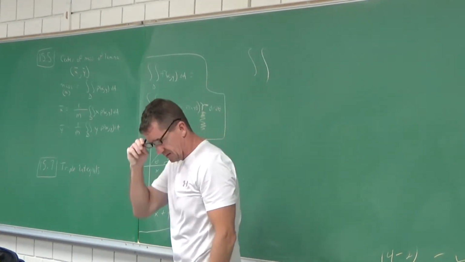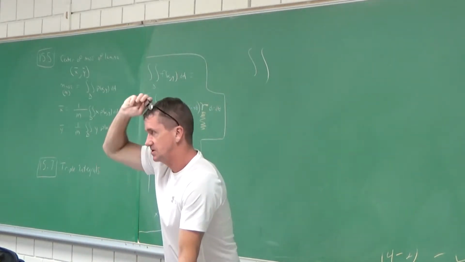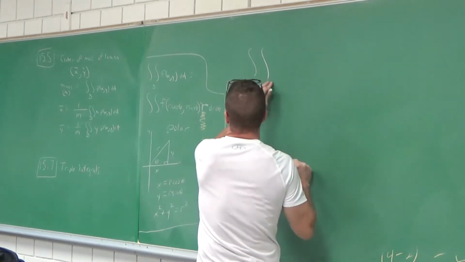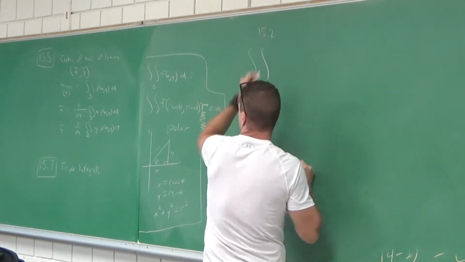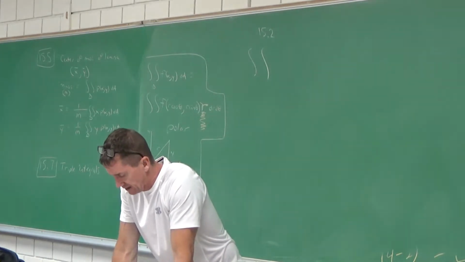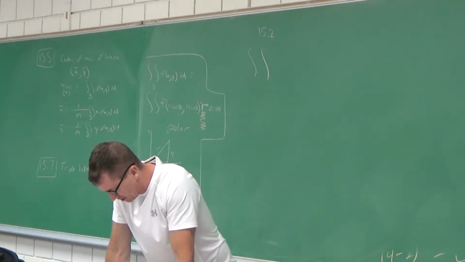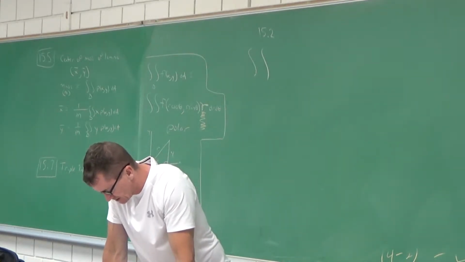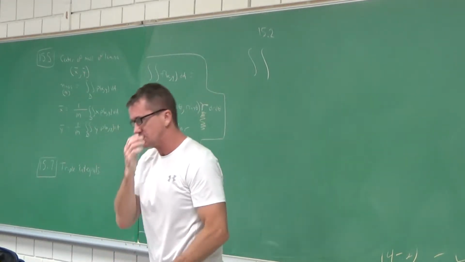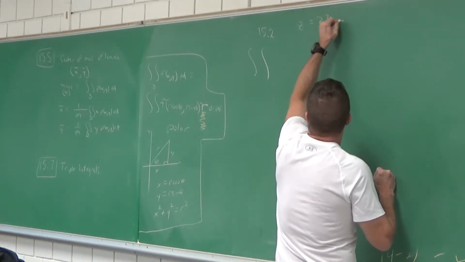But when I saw this problem in the book, this was back in section 15.2, so we didn't learn triple integrals yet, right? But they ask, can you find the volume of the solid that lies underneath this hyperbolic paraboloid, z equals 3y squared minus x squared plus 2?